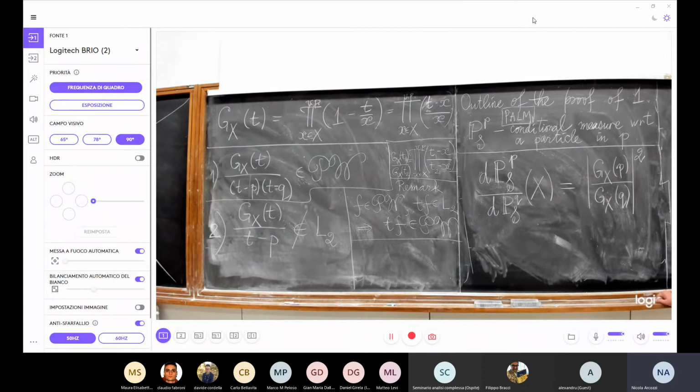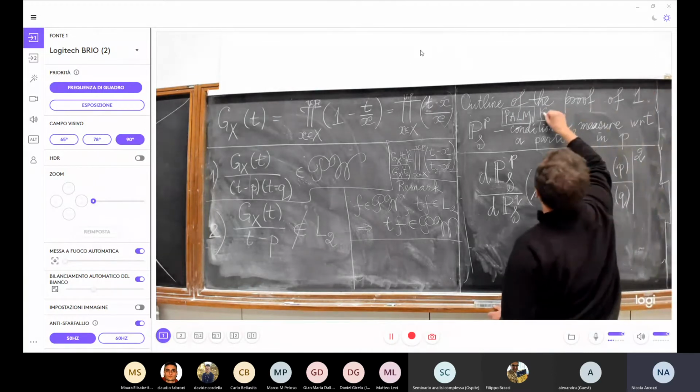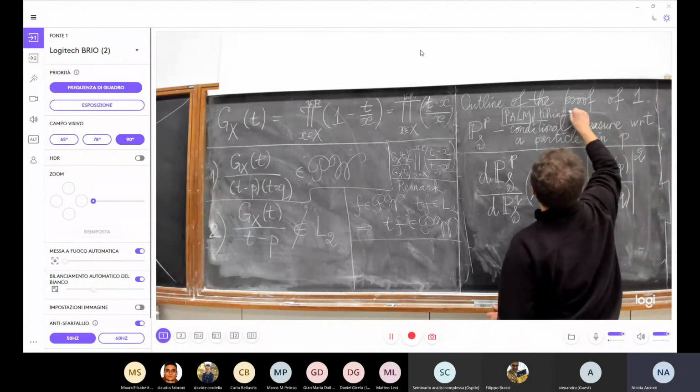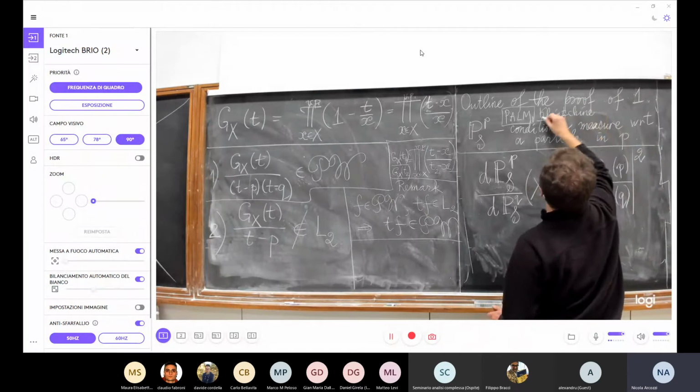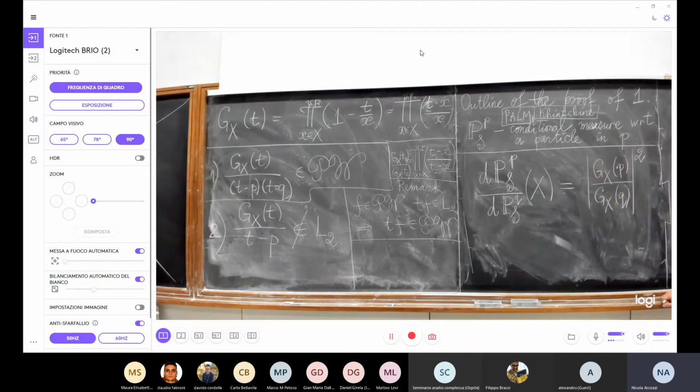He wrote his main work in an engineering journal, and in fact it was Khinchin, a Russian mathematician, who constructed the mathematical theory of Palm measures. In Russian literature, you find the terminology Palm-Khinchin theory. Okay, so the ratio of Palm measures is in fact given by this formula.